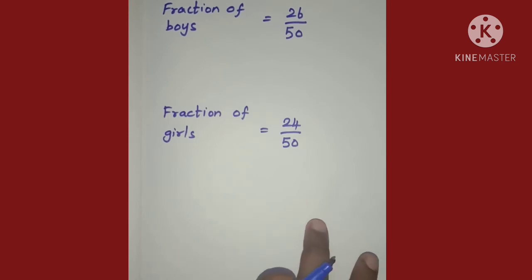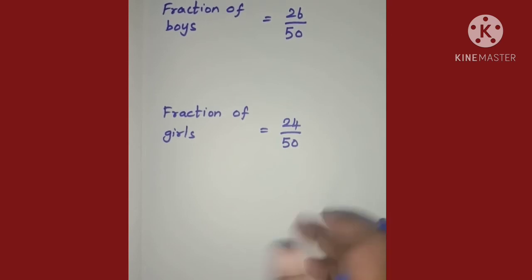Now students, we found the fraction of boys is 26 by 50 and the fraction of girls is 24 by 50. Now, what is the next question? Express the fractions of boys and girls as decimal numbers. So, we have to convert the fraction into decimal. What is the easy way to convert fraction into decimal? Yes, we have to change the denominator to 10 or multiples of 10.